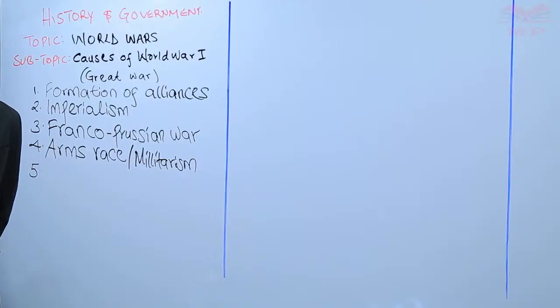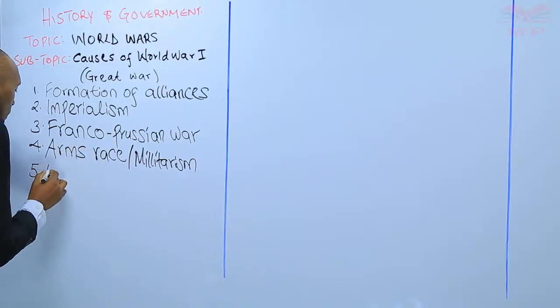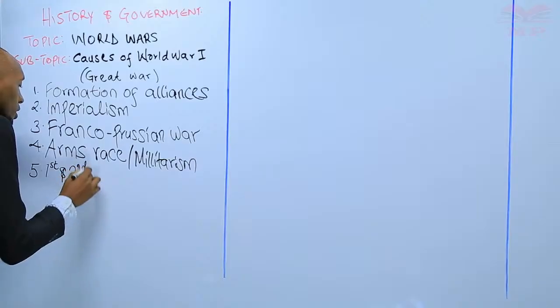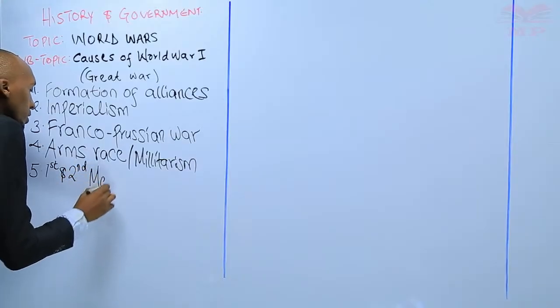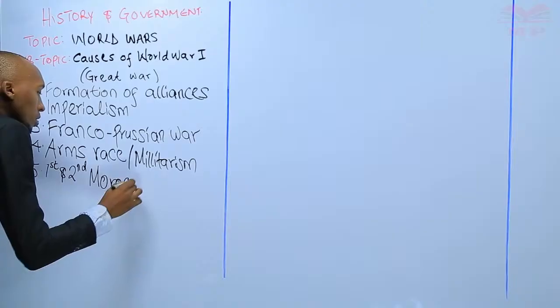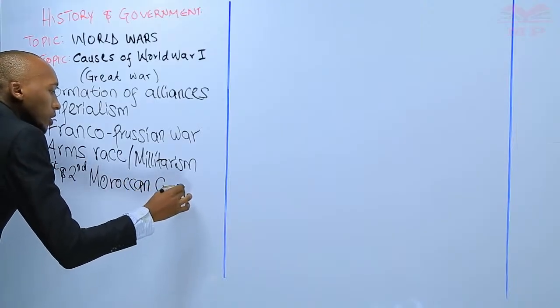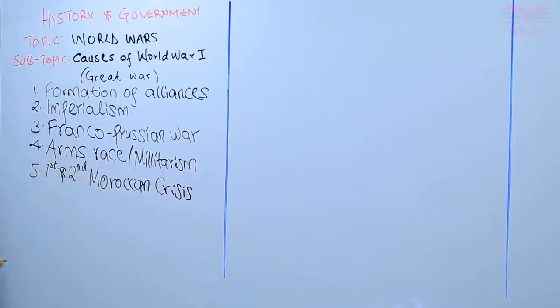And then number 5, we are going to look at the first and second Moroccan crisis. So I'm sure all of you have heard of a nation in West Africa known as Morocco.